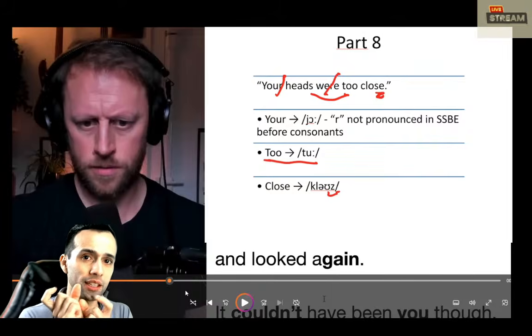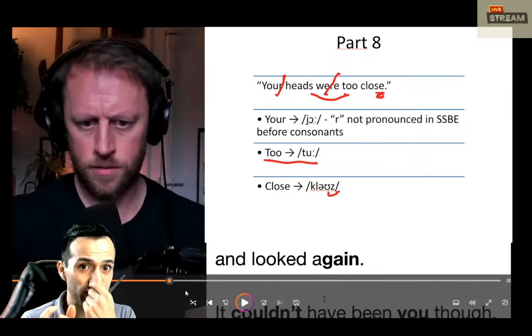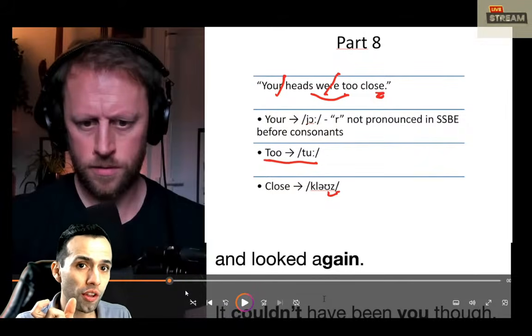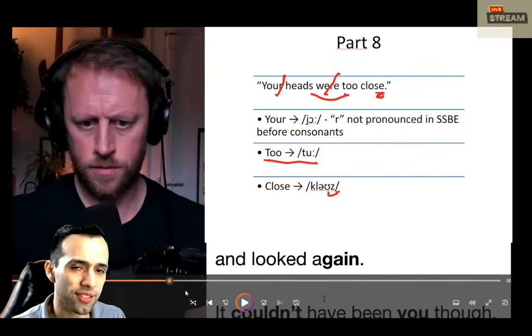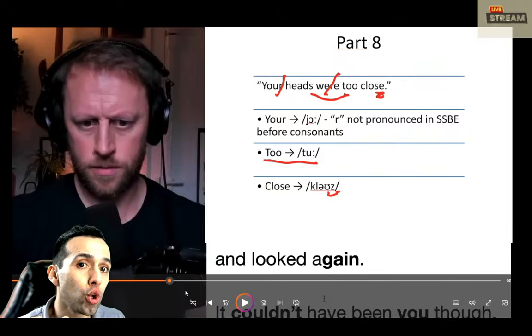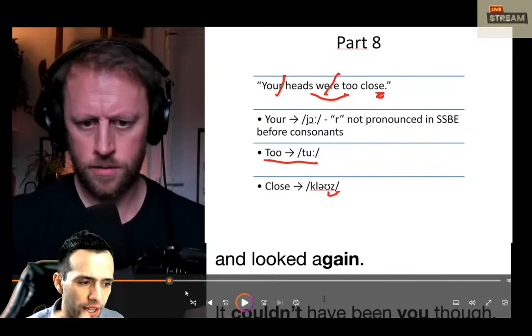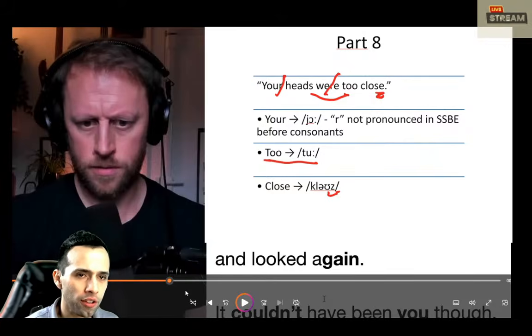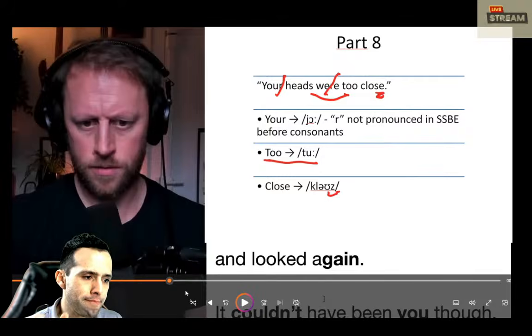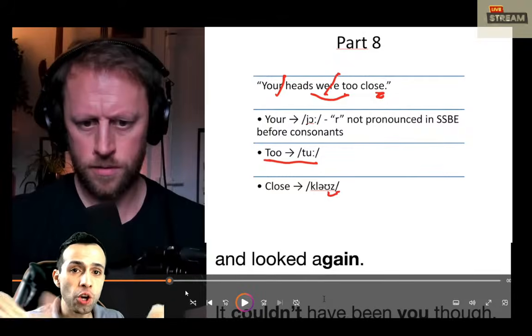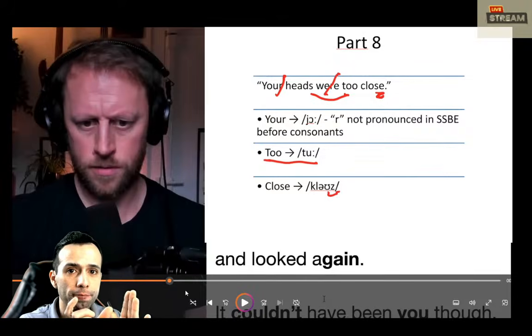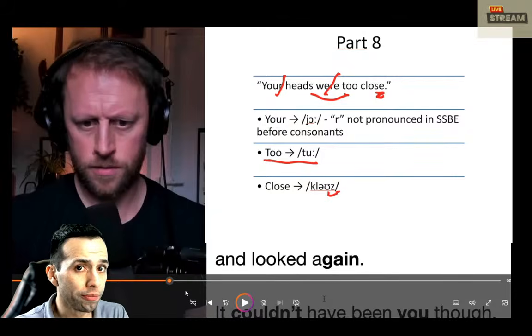What linking does is to connect the final consonant in looked to the initial vowel sound in again, and what you get is looked again, looked again. So this is a great way of connecting words and making different words sound as one chunk, which is what native speakers usually do.